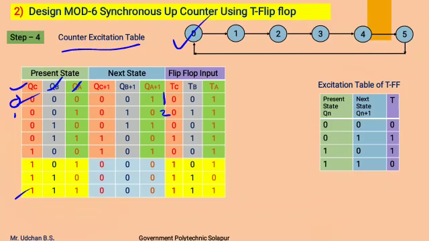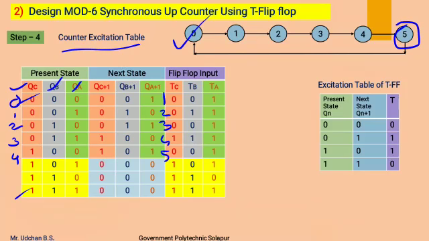After that the present state is 2, its next state will be 3, which is written as 011. After that present state is 3, its next state will be 4, which is written as 100. After that present state is 4, its next state will be 5, which is written as 101.